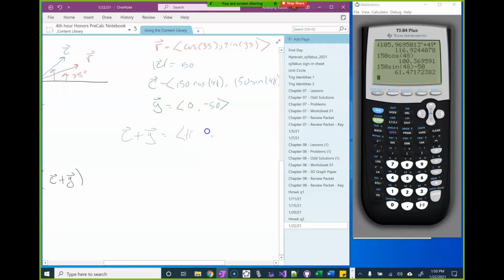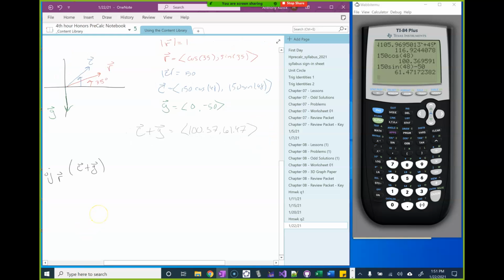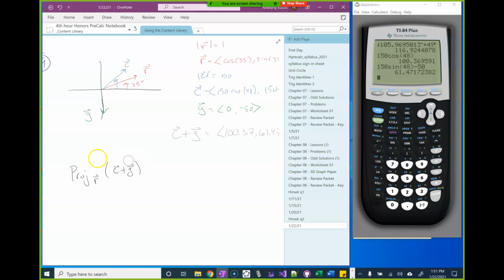100 point, and then 60. And then, according to what we just learned in the previous one, we have this x component times cosine 35, that's the x component for r, plus the y component times 35.